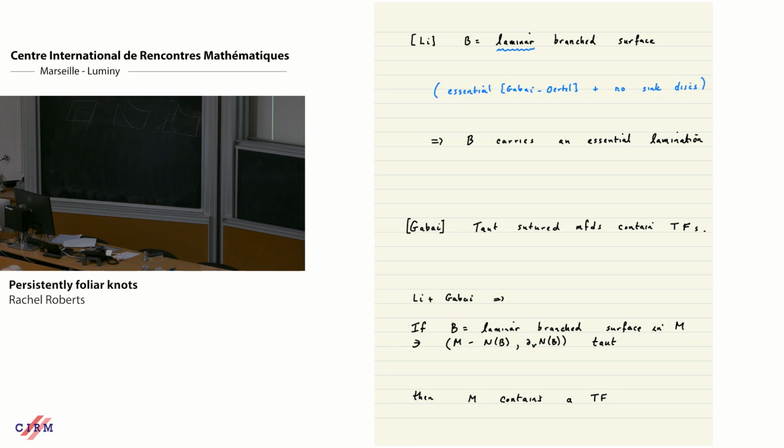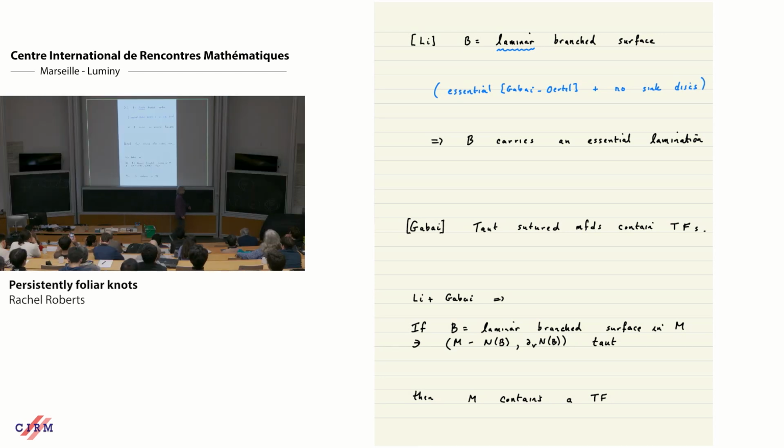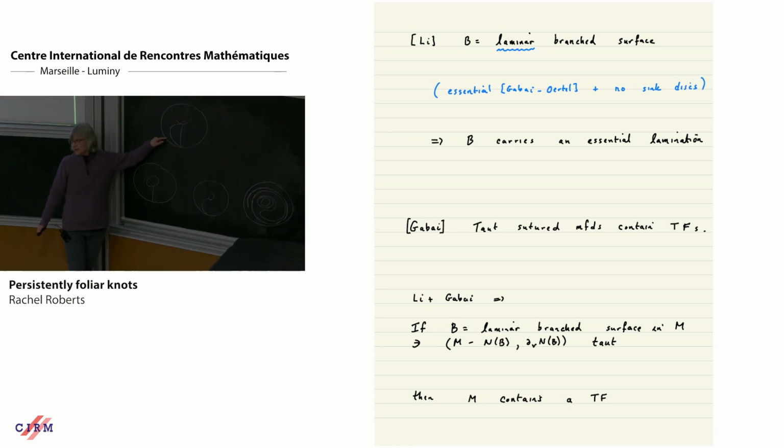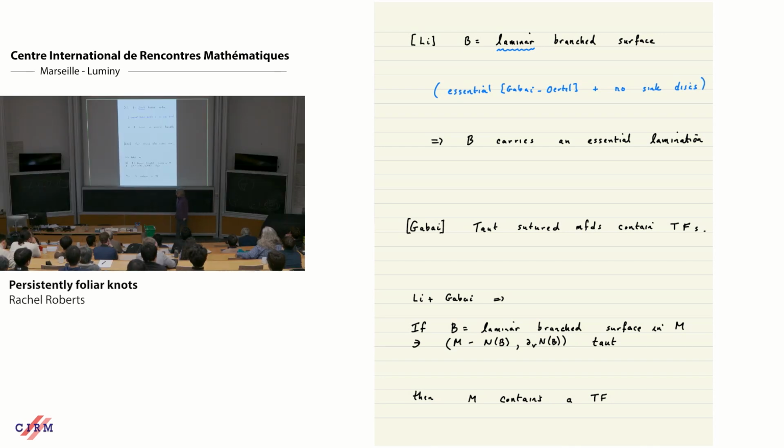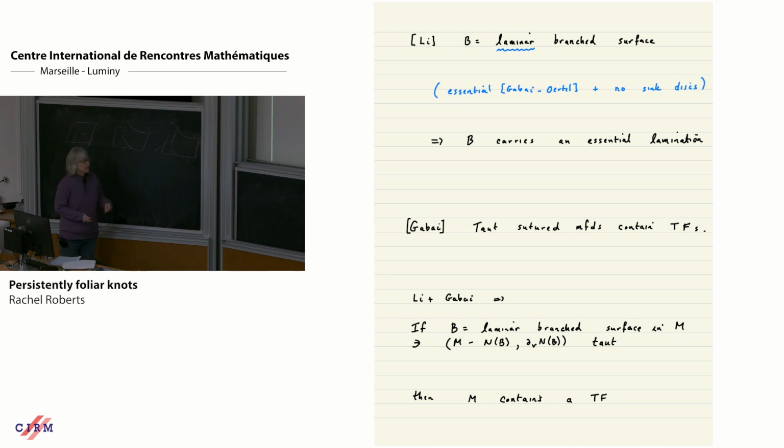So if my branch surface is nice enough, and this is way too nice, I know that there's a corresponding lamination that fills up part of my manifold. And if the complementary region is nice enough, then I can also fill in the complementary region and extend this partial foliation of my manifold to a foliation of my manifold.